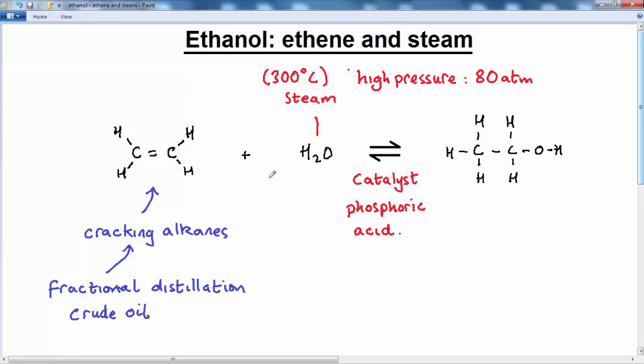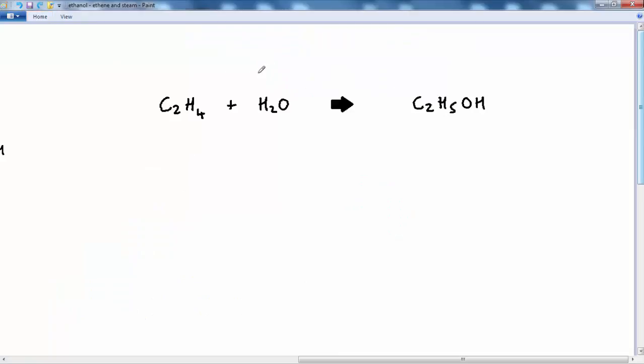What is necessary with regards to the manufacturing process is that ethene will react with steam at 300 degrees Celsius and around about 80 atmosphere pressure using an industrial catalyst called phosphoric acid. Okay, you just need to know these details.